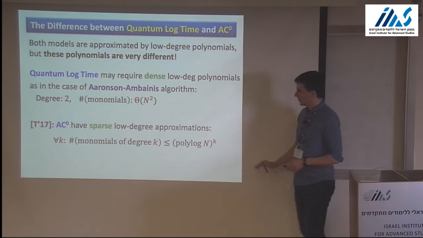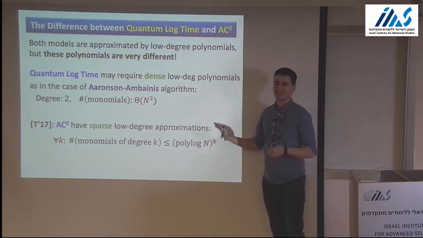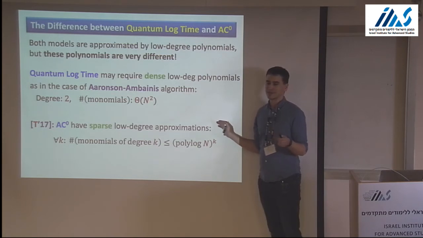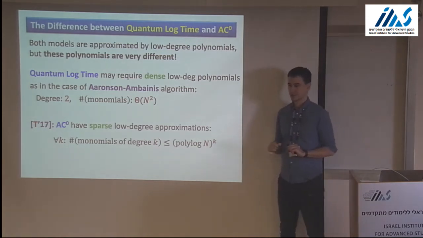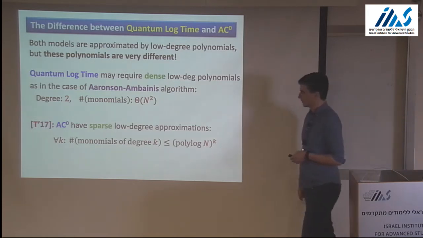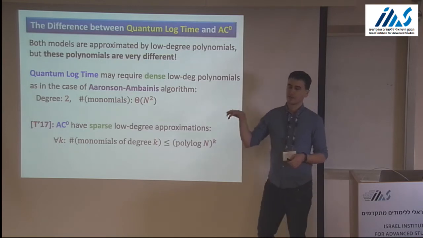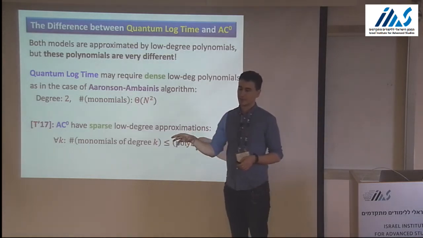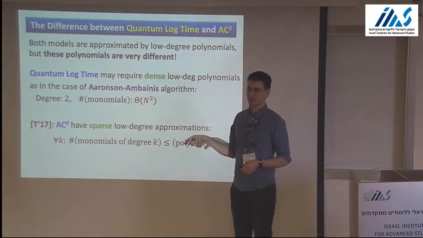I didn't want to go into this proof, but I could say that it is based on the classical results of Hastad, the switching lemma and all these results. From the switching lemma, you get that you have very good low-degree approximation, and from the fact that an AC0 circuit is a Boolean function, you get that this is sparse.